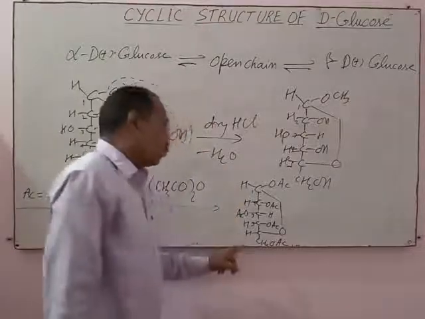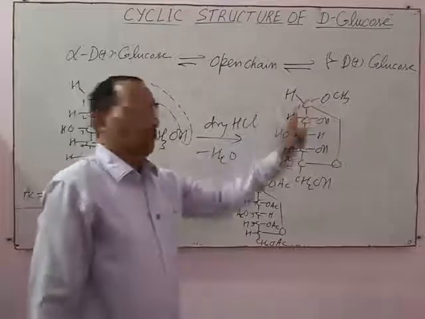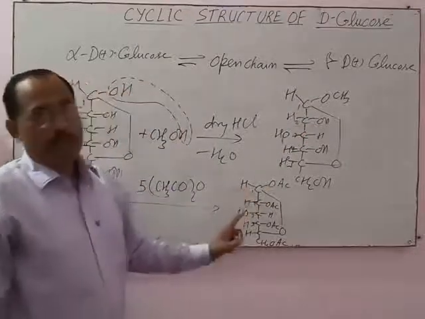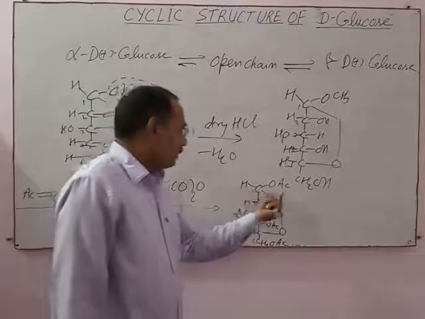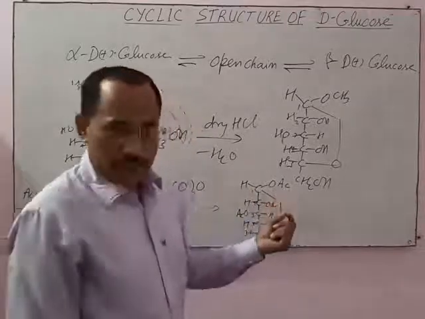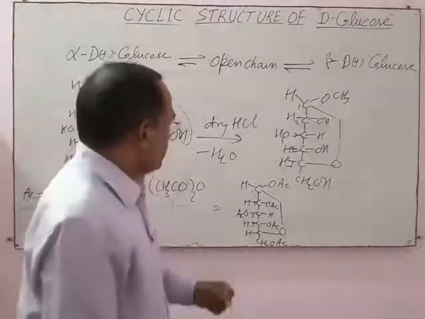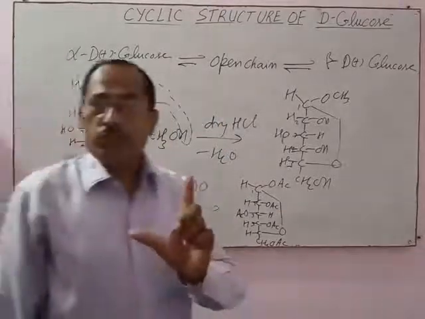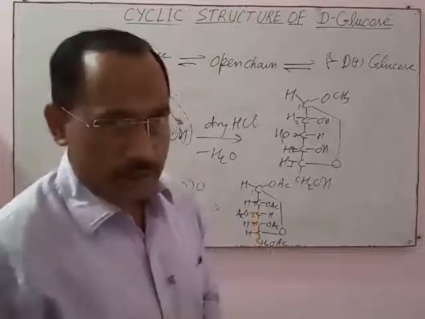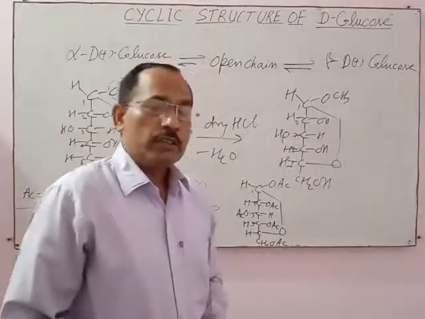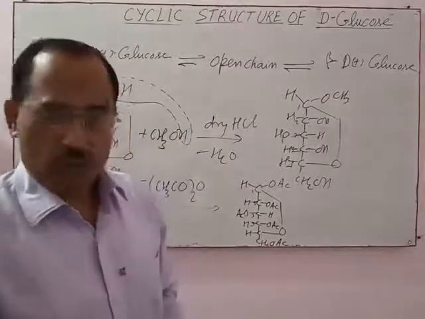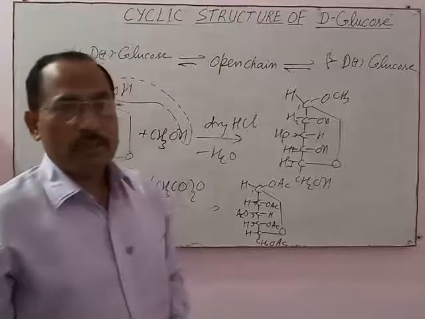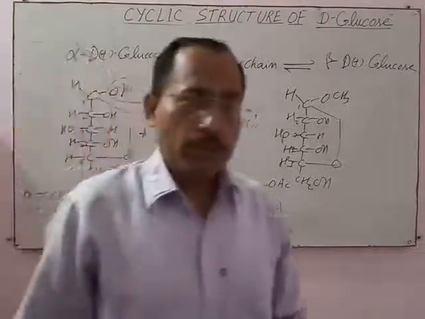In pentaacetate of glucose as well as in glucoside, the OH group present at the anomeric carbon is involved in the formation of acetate. That is why it does not react with hydroxylamine, while the open chain structure of glucose reacts with hydroxylamine to form oxime.